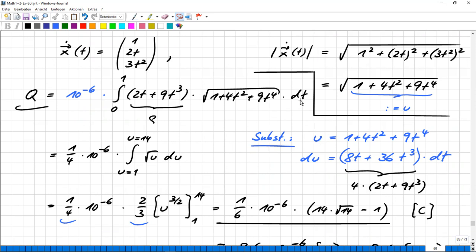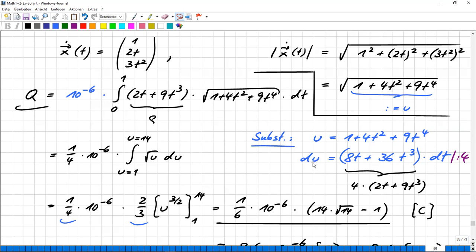But also dt, if I isolate dt here, how do I do it? Well, the best idea would be dividing this equation by 4, if you want. Divide by 4, and then you get 1/4 times du, and that's what I use. Look here, 1/4 times du.